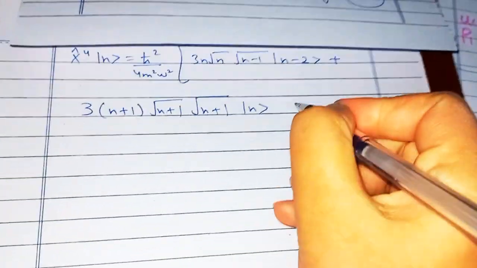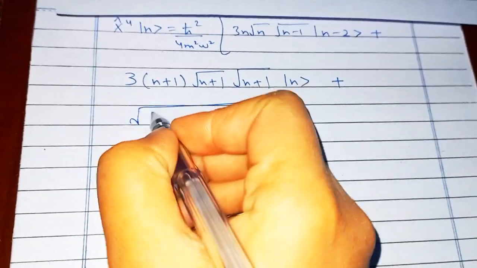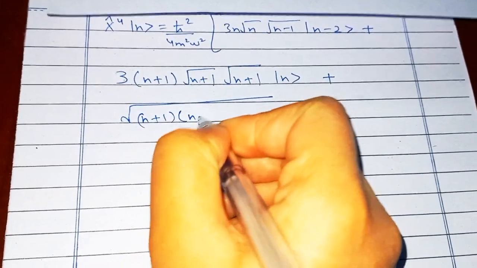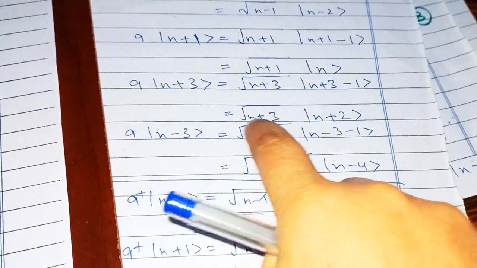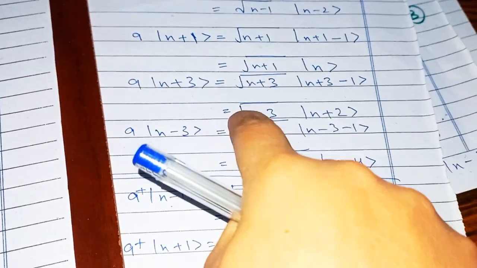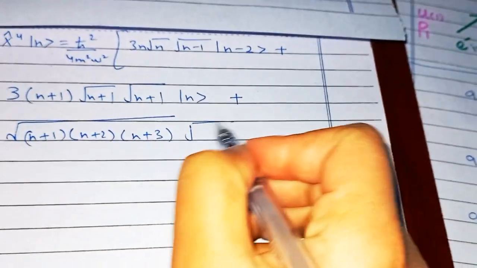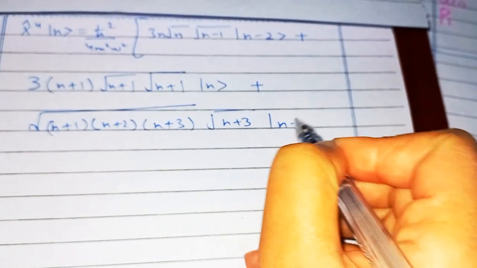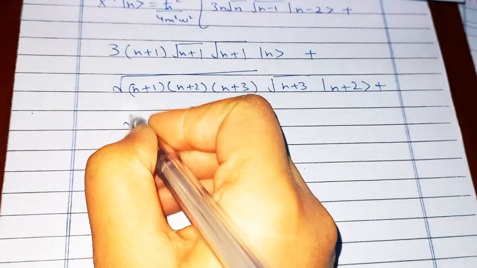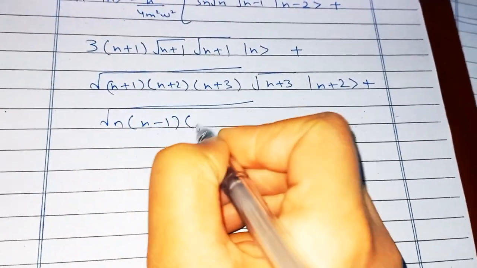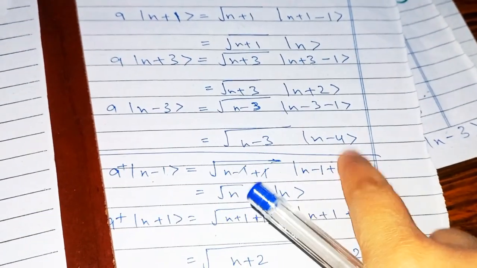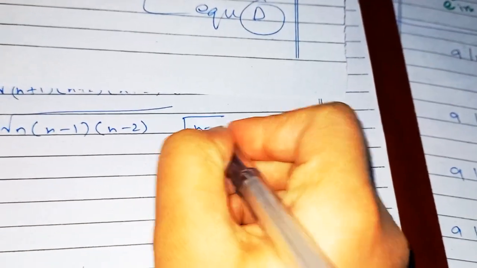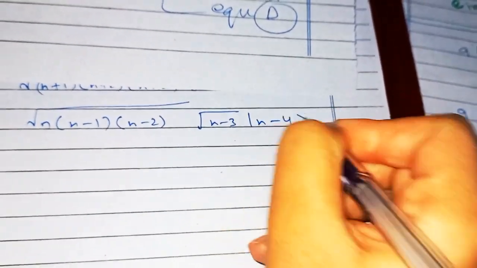Let's write it down: plus under root n plus 1 into n plus 2 into n plus 3, and as this operator acts, it equals under root n plus 3 into ket n plus 2. Now the fourth term is n into n minus 1 into n minus 2, and its operator in ket, when calculated, equals this: under root n minus 3, ket n minus 4.